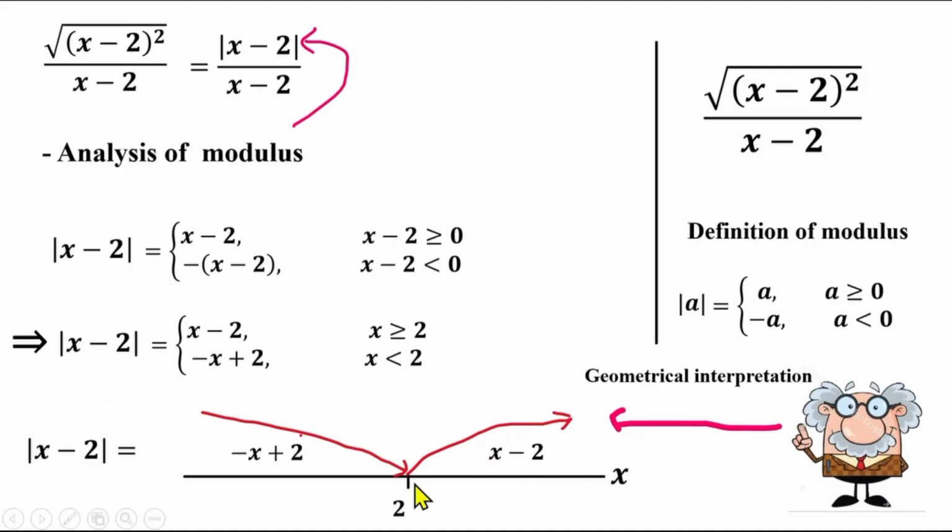On the left, from the point x equal to 2, we have minus x plus 2, and this interval doesn't include x equal to 2. So we see that in future we will need to consider two cases. Case 1 will correspond to this interval, and the second case, case 2, will correspond to this interval.